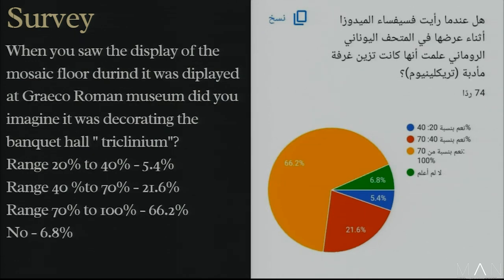However, when asked if they understood the function of the mosaic in the Greco-Roman Museum, 93.6% responded positively, at levels between 20 to 40%, 40 to 70%, and 70 to 100%.